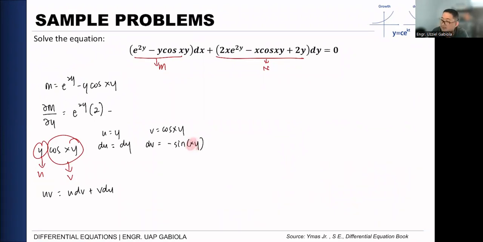Times x lang. Okay? So ito is negative x sine xy. Okay? So substitute dito sa formula, this is y times negative x sine xy plus v cosine xy times du natin, which is dy.